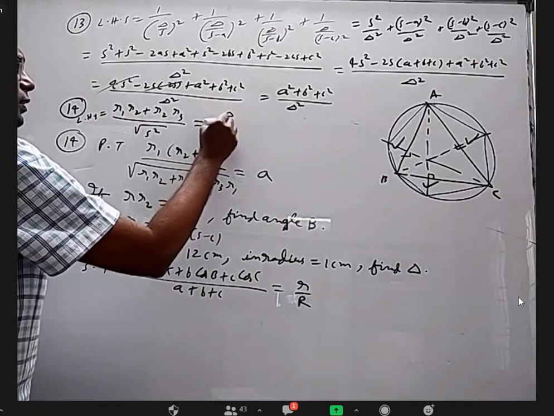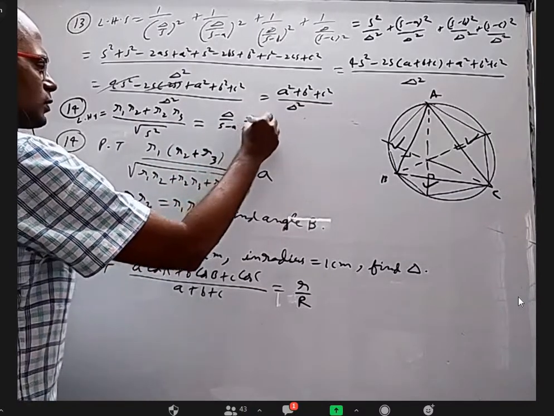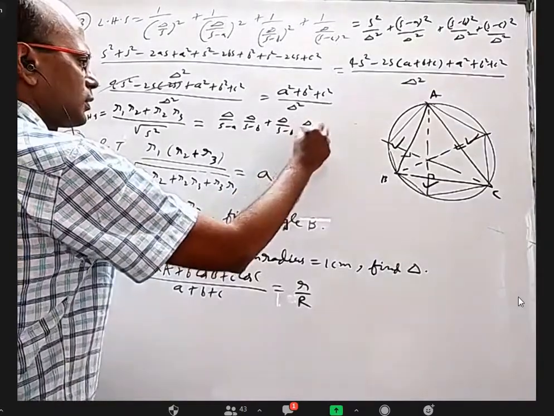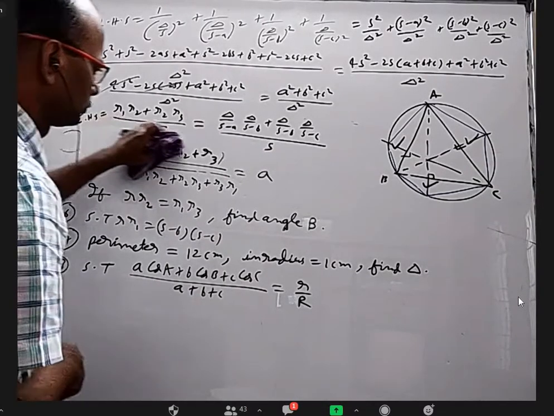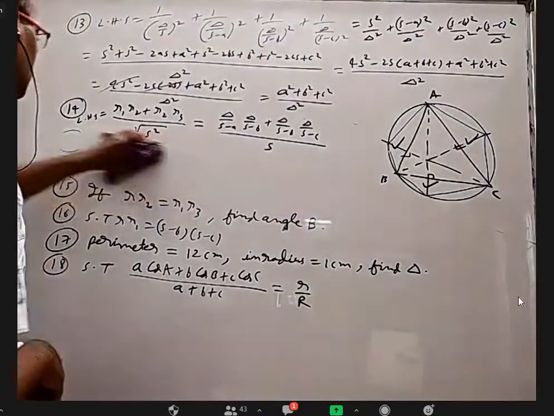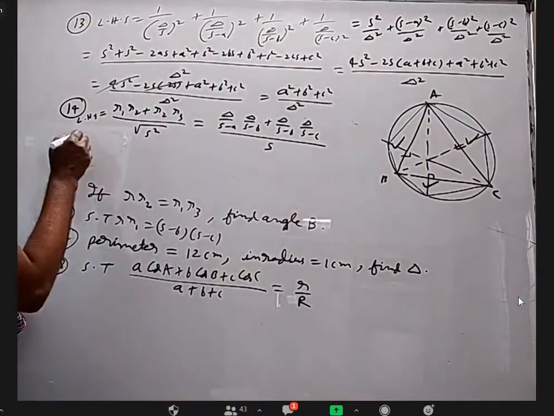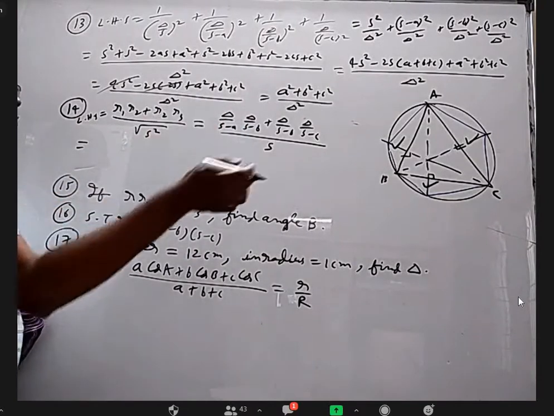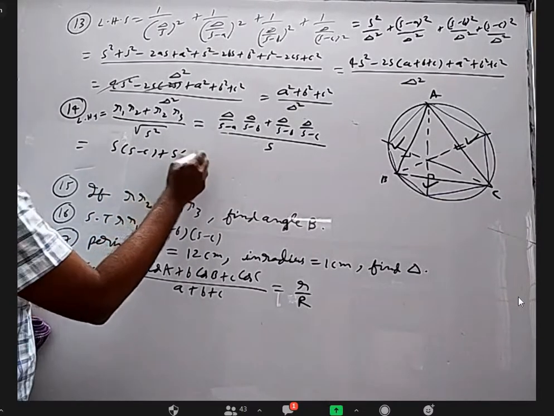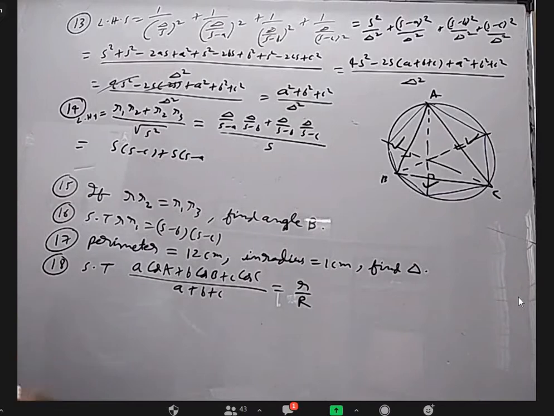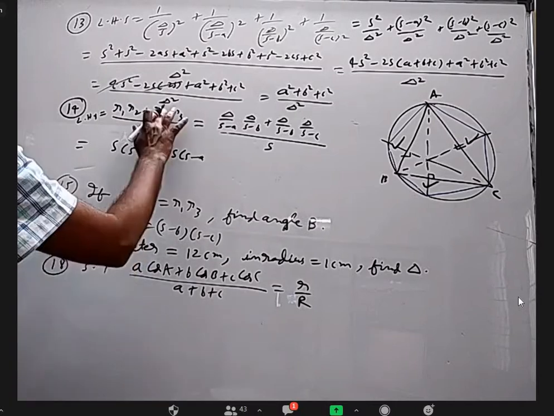R1 means you can write delta by S minus A and delta by S minus B. This is delta by S minus B, delta by S minus C. This is S. For delta square, if you use S into S minus A, S minus B, S minus C and cancel these two, you'll get S into S minus C. Similarly, this is S into S minus A. This is R1 R2 plus R2 R3 or R1 R3, sorry.